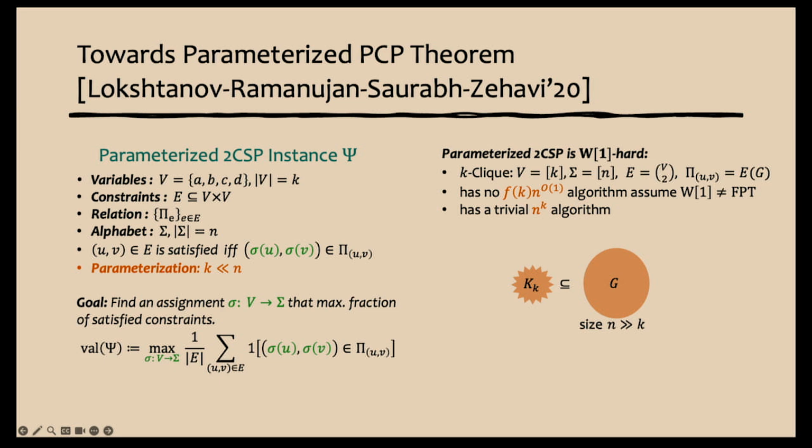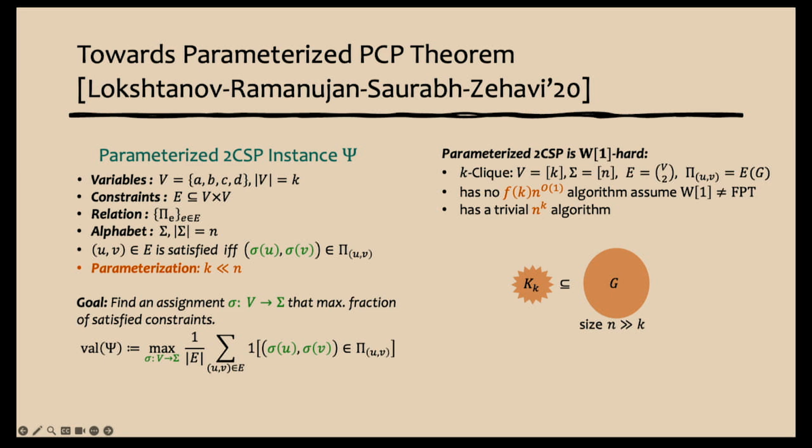In the parameterized world, we have a parameterized PCP theorem, introduced by LRSW20. The main difference is that in the parameterized world, we let the number of variables be k and the alphabet size be n, and we assume that the number of variables is much smaller than the alphabet size. This captures canonical parameterized problems such as k-clique, where we need to find a clique of size k in a graph of size n.